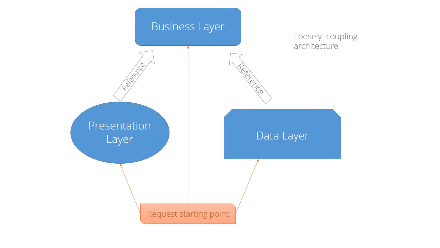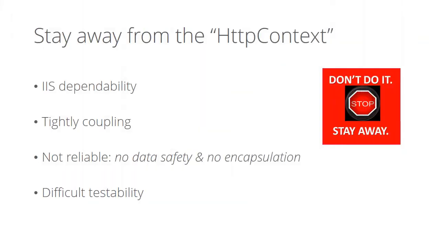HttpContext is a static class for accessing session variables, request and response objects, and it's a must in web projects. Actually, you cannot develop a web application without using the HttpContext at all, and it limits our application to only web environments. We don't want that. We want our code to be generic and we want it to work everywhere.